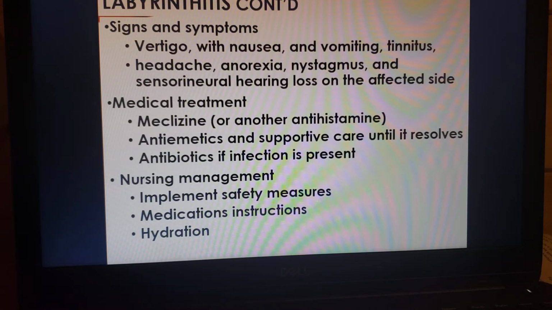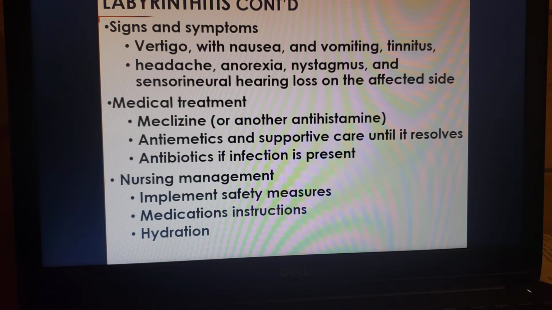Signs and symptoms include vertigo, nausea, vomiting, tinnitus, as well as headache, some anorexia, nystagmus. Sensorineural hearing loss on the affected side can also occur as this progresses.